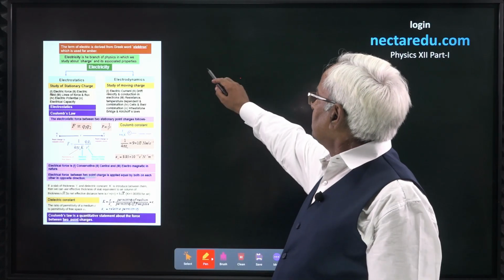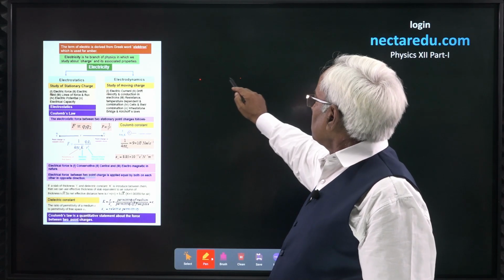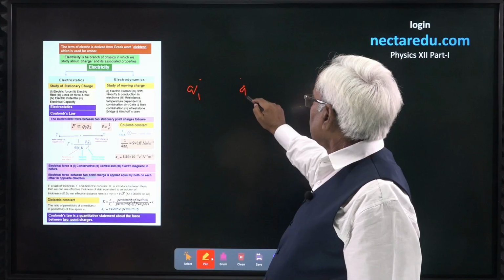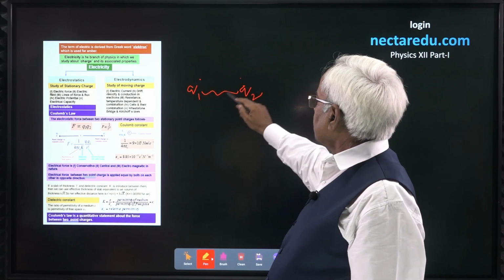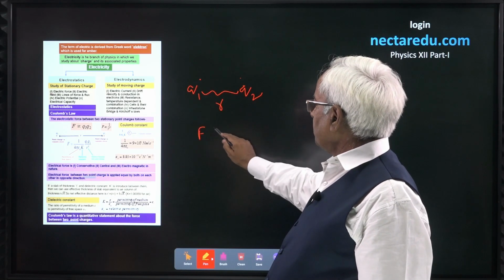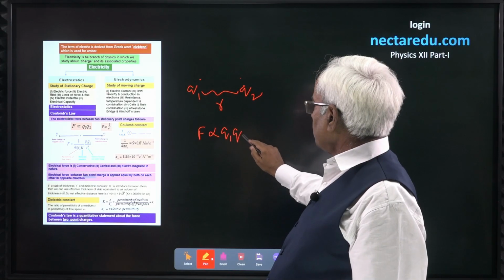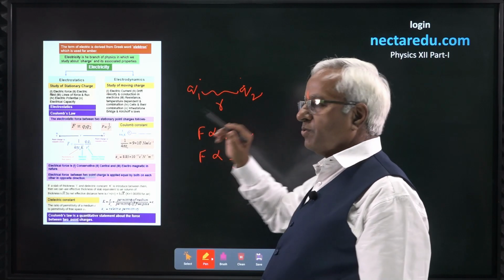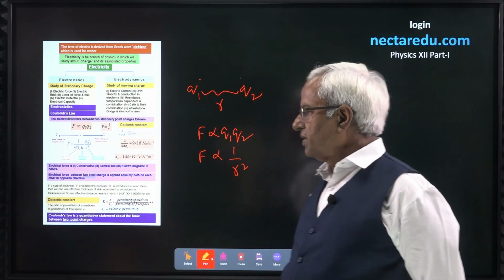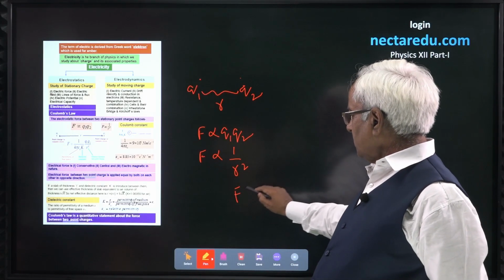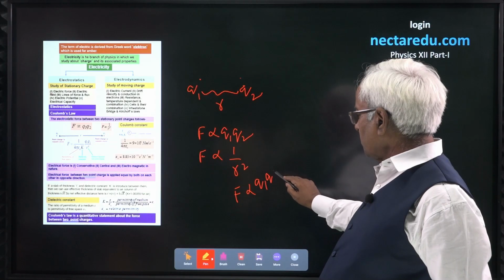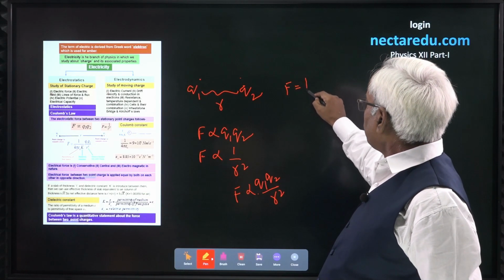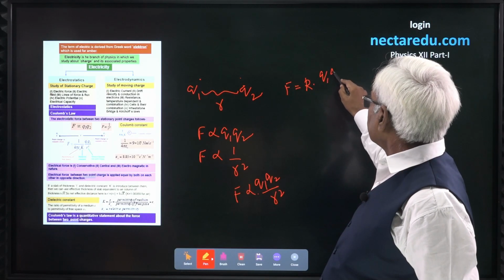First of all, let us talk about Coulomb's law. Two charges placed at distance r: the force between them is proportional to their product, and proportional to the inverse of the square of the distance between them. On combining, you get q₁ q₂ by r square, and then you use a proportionality constant.